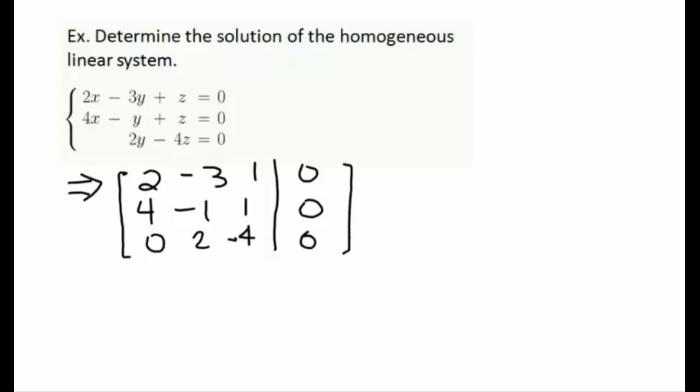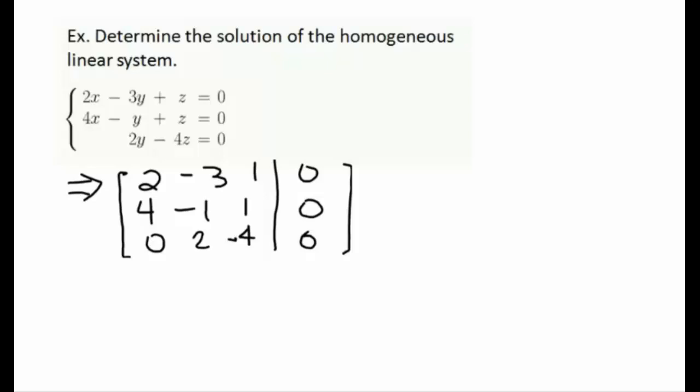And then once we have our augmented matrix, we're going to start working on getting our leading one and then canceling out any entries below that leading one. So our first leading one would go here. But notice that if we divide row 1 by 2, we're going to end up with fractions. So I'm going to save the division by 2 until the very end.